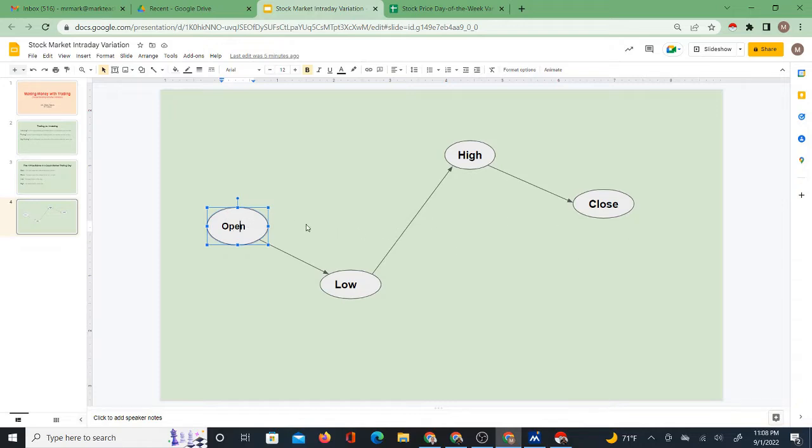And so over time from left to right, the market opens, the stock is at a particular price here, and then this arrow represents that it drops down to a low price, rises then to a high price, and then drops down somewhat and finishes here at a closing price at the end of the day.